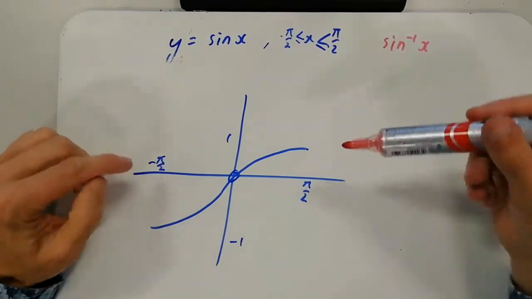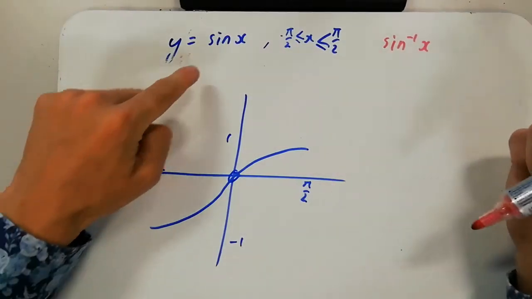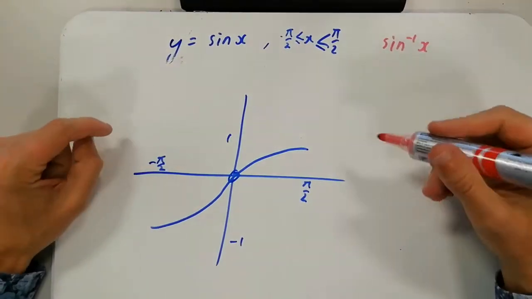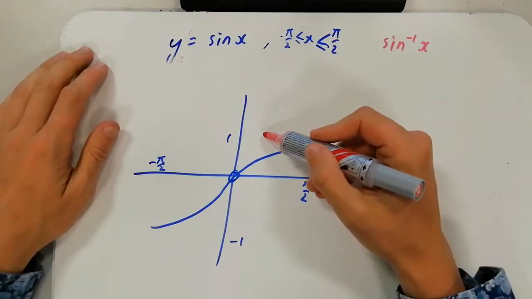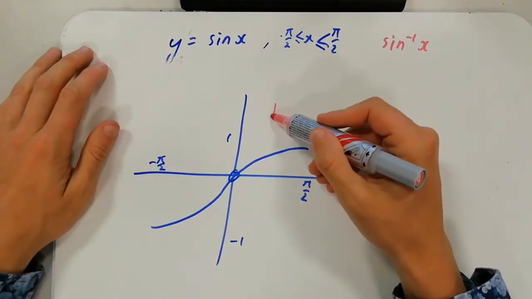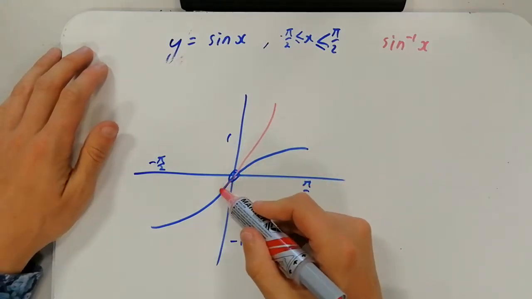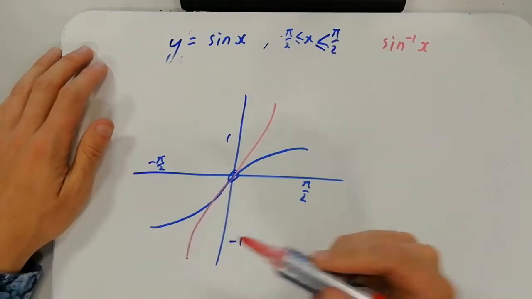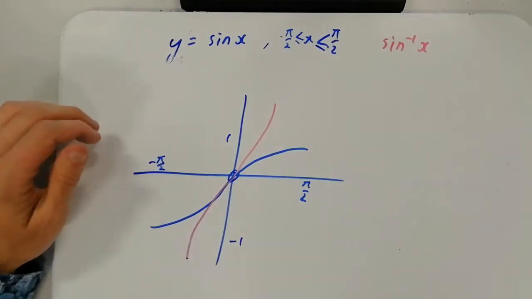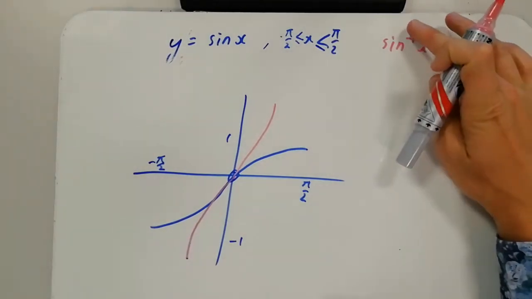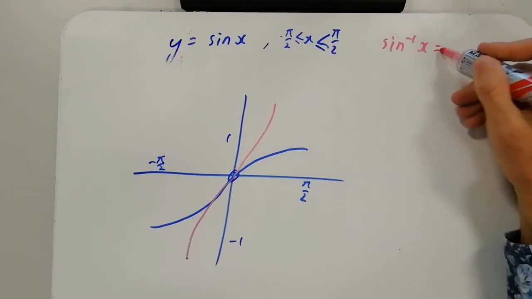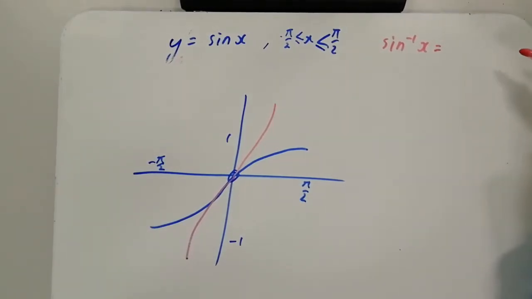The reason for that is now when I do the inverse function, both the original function and its inverse will be functions. And my graph should look something like this. Okay? And what we have there is not inverse sine written like that, because remember, when we're solving trig, we can get many values from this.